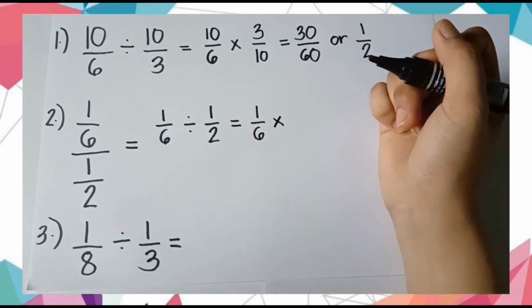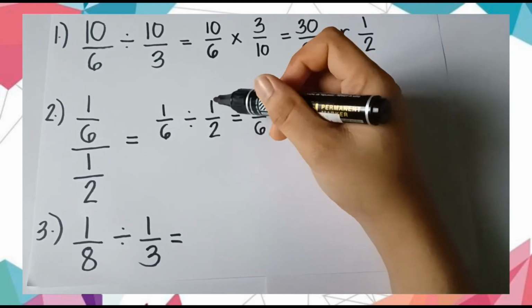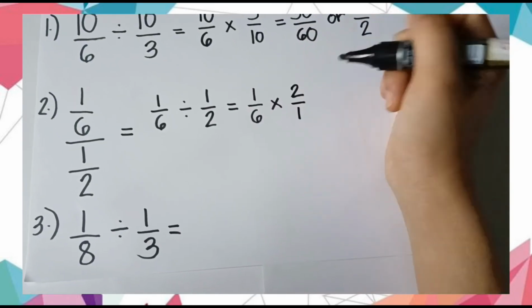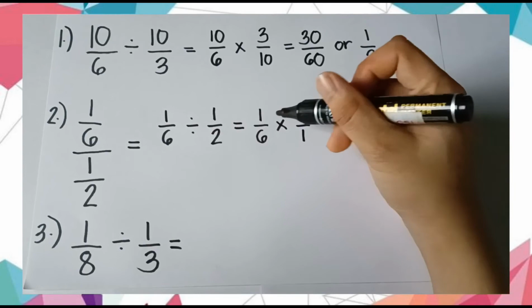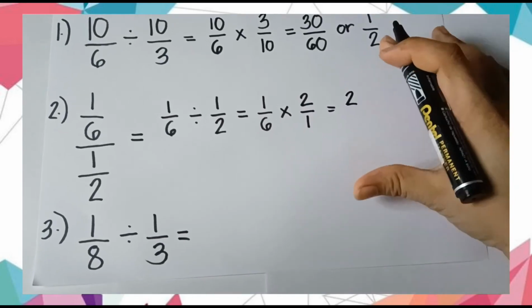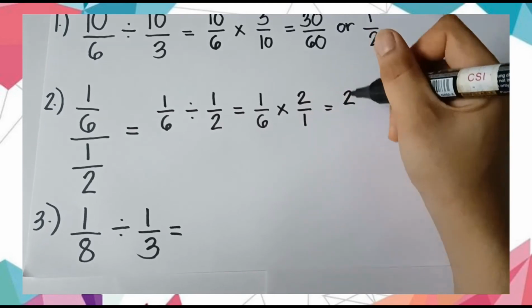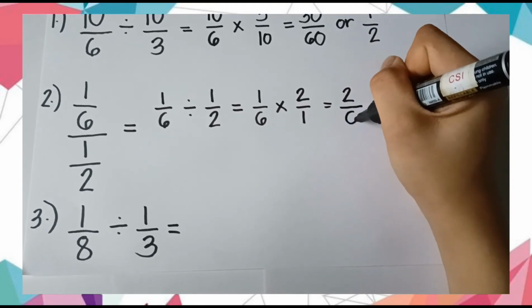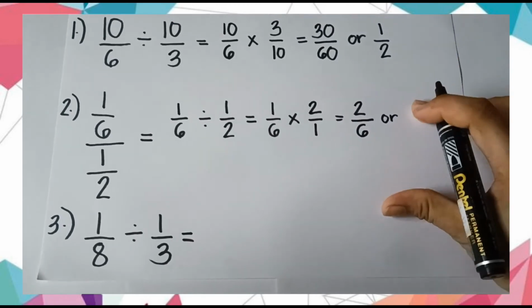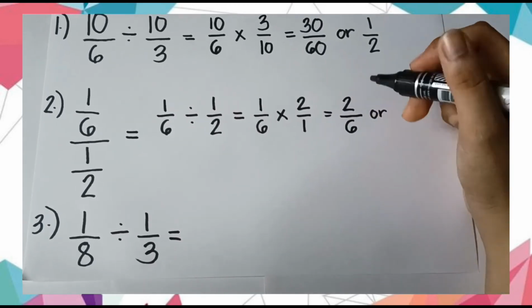So times, we flip 1/2, and it becomes 2/1. And then finally, we multiply the two fractions. 1 times 2 is equal to 2, and then 6 times 1 is equal to 6. Simplifying 2/6, it becomes 1/3.